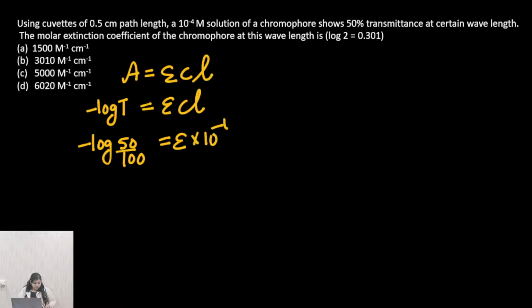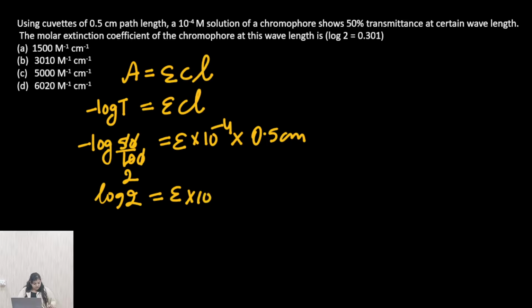Concentration is 10 raised to the power of minus 4. The length is 0.5 centimeters. Just solve this. So this will become 1 by 2. So this becomes log of 2, which is equal to epsilon into 10 raised to the power of minus 4 into 0.5 centimeter. So log 2 is 0.3010 upon 0.5 into 10 raised to the power of minus 4.